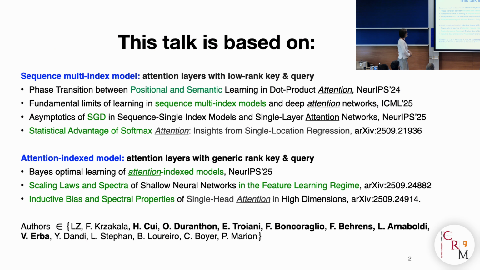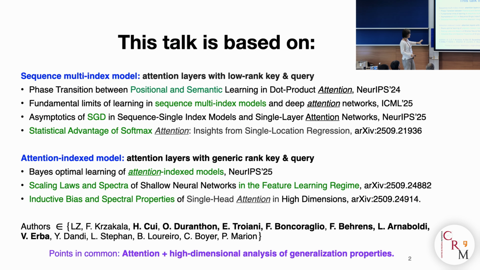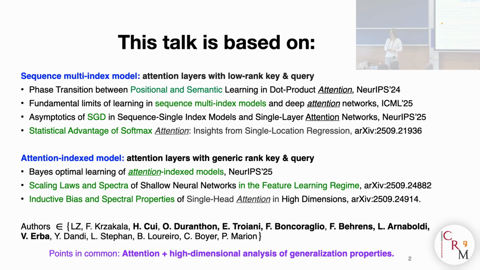All these papers are split by 2 types of models. I will explain how they are different. What they all have in common is that they are about attention and high dimension analysis of the generalization properties. I will be training the keys, queries, and values, mostly values in some of the papers. In some others, they are not present for simplification.